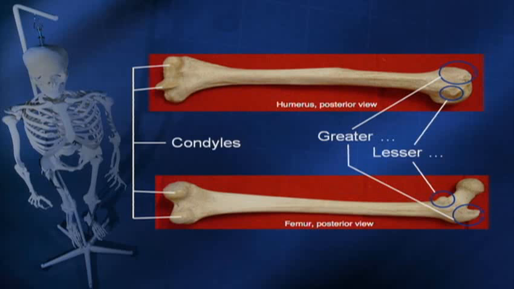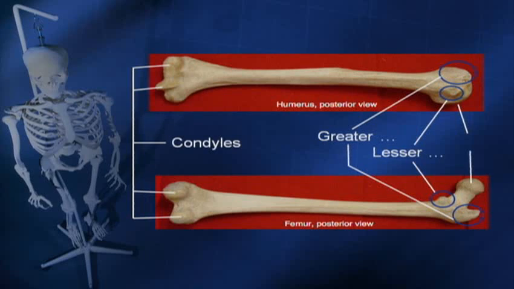They refer to the size. So larger and smaller is what it's really saying. In the humerus, that's pointing to a structure called the tubercle. So we have the greater and lesser tubercle. Inside the femur, it's referred to as the greater and lesser trochanter. So we see a set of paired terms that are the same in both bones.